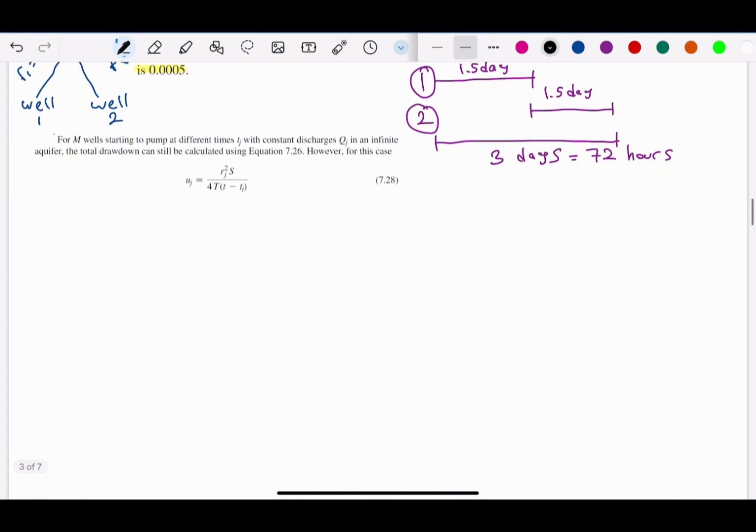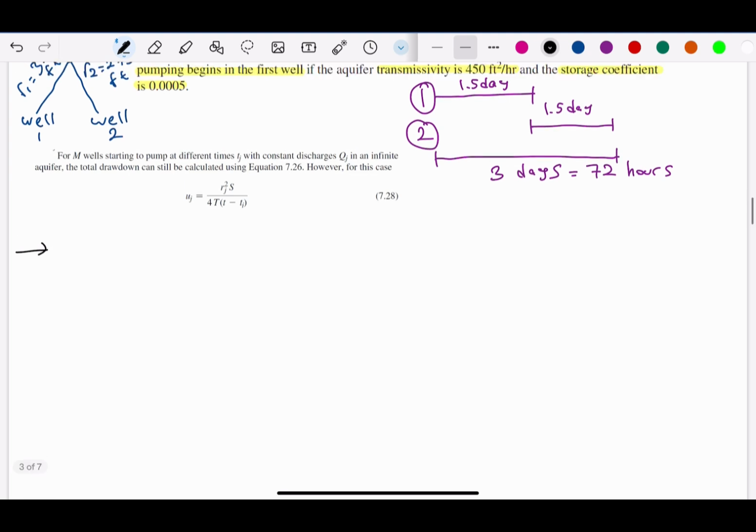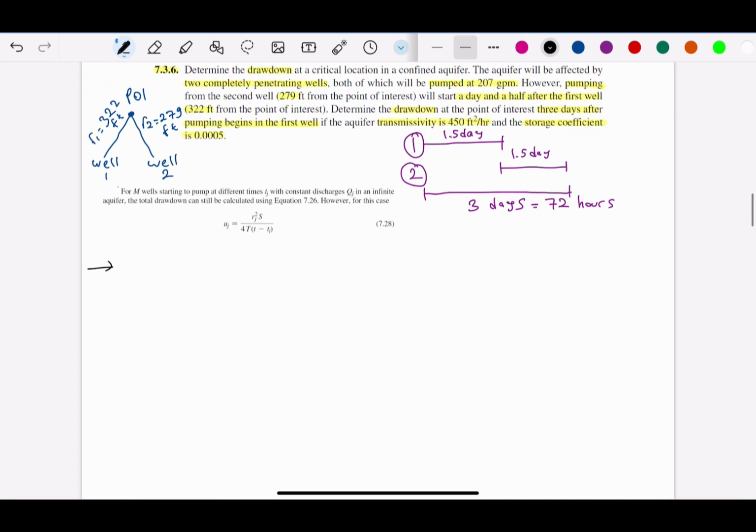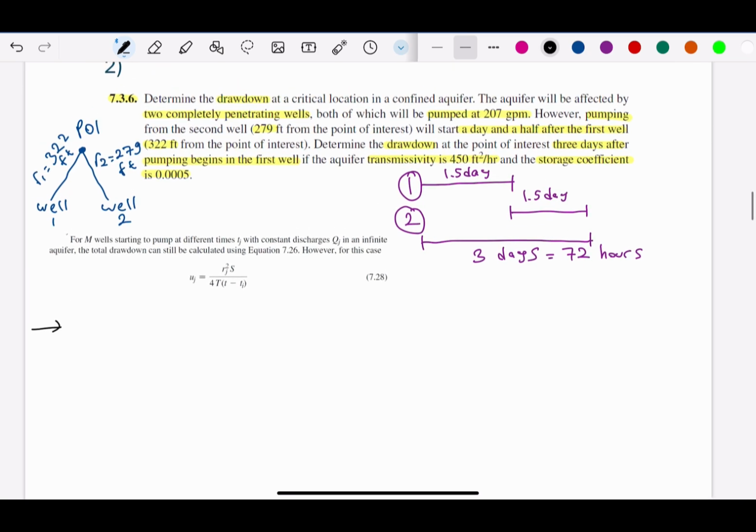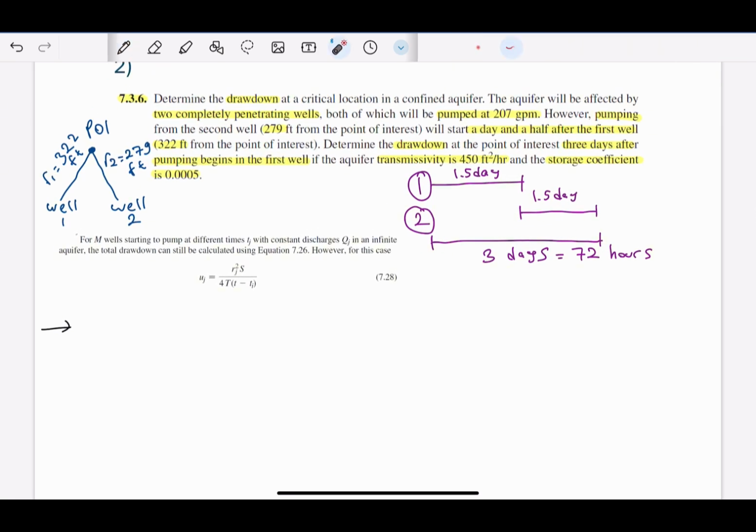Okay, so first of all we need to convert the flow rate from GPM to cubic feet per hour because all other values are in feet and hours, so that it will be easier.